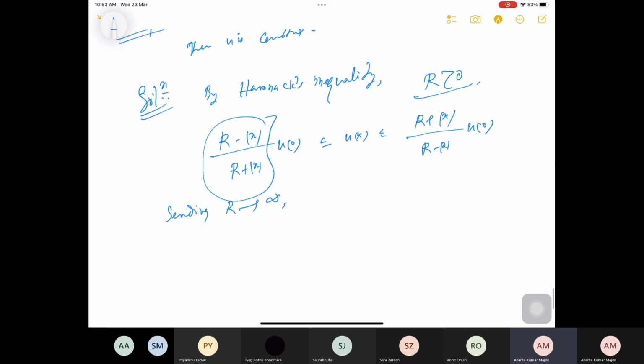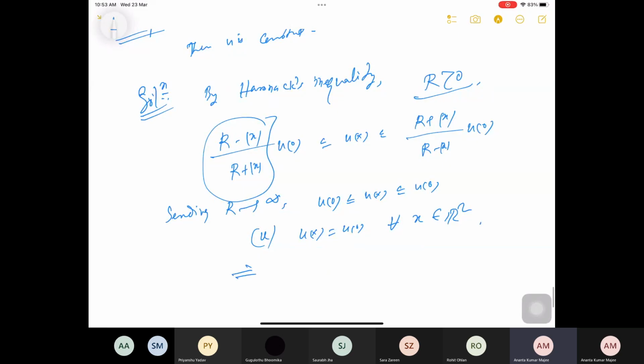You see that this part, because now |x| is fixed but arbitrary, goes to 1. So you have u(0) less than or equal to u(x) less than or equal to u(0). That is, u(x) is equal to u(0) for all x in R². Okay, so this implies u is constant.